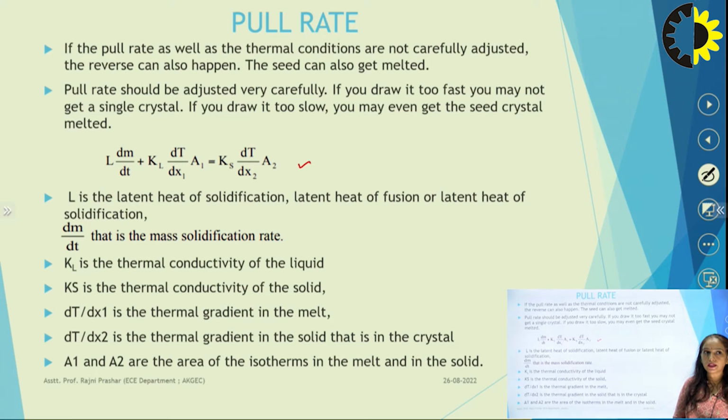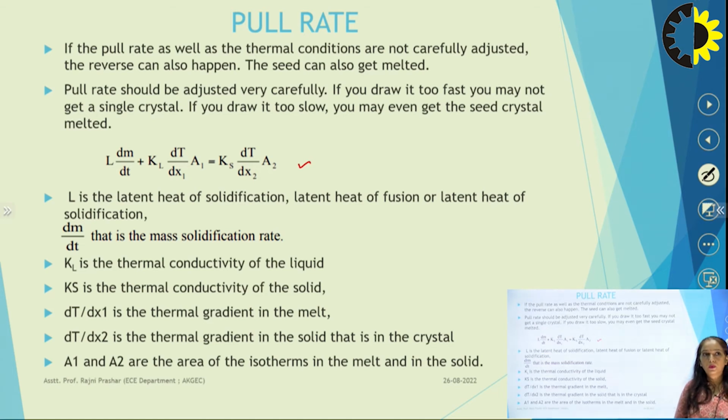This is just a heat transfer equation where L is the latent heat of solidification, dm/dt is the mass solidification rate, KL is the thermal conductivity of the liquid, Ks is the thermal conductivity of the solid, dT/dx1 is the thermal gradient in the melt, dT/dx2 is the thermal gradient in the solid, that is in the form of crystal. A1 and A2 are the areas of the isotherms in the melt and in the solid.